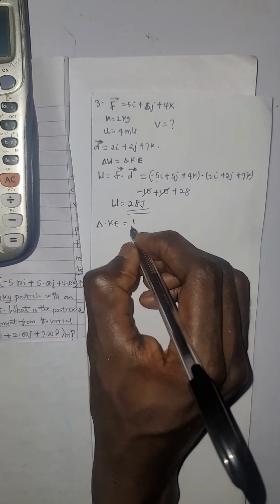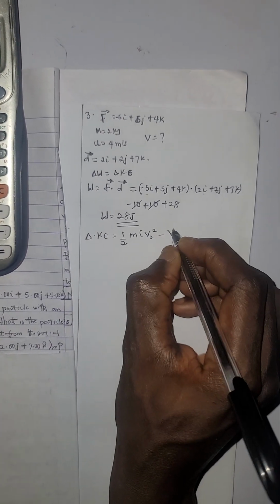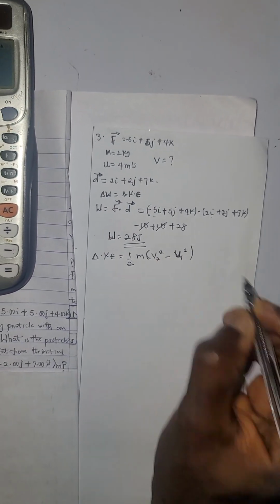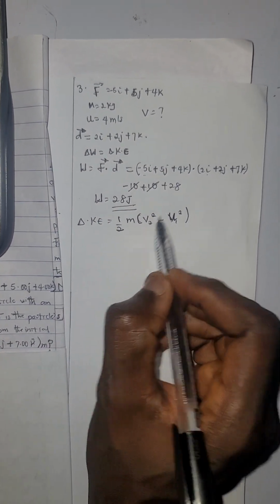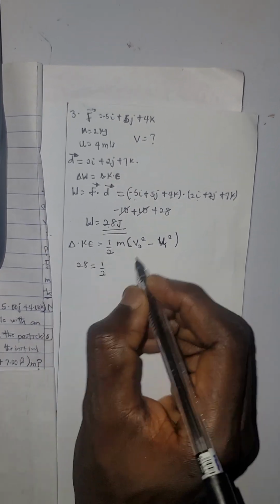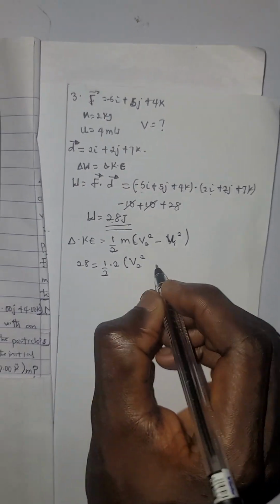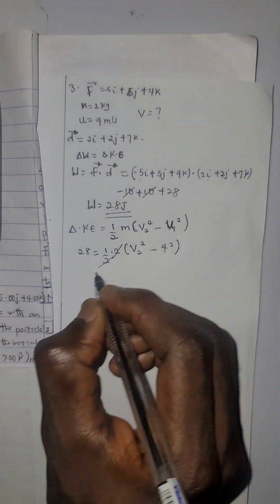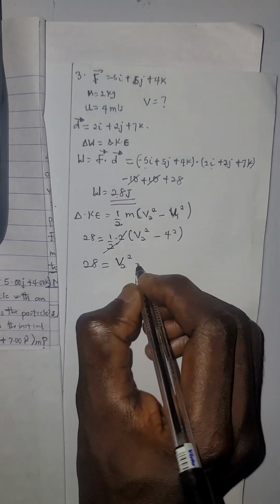So change in kinetic energy equals half m into bracket v2 squared minus v1 squared, which is going to be u. So now we know our mass, we know our initial velocity, but we don't know our final velocity. But we already know that this is going to be 28. So 28 equals half m, what's our m? 2, into bracket our final velocity squared, which we don't know, minus initial velocity 4 squared. So the 2 cancels the half, and we have 28 equals v2 squared minus 16.